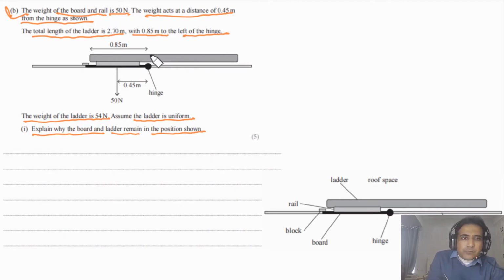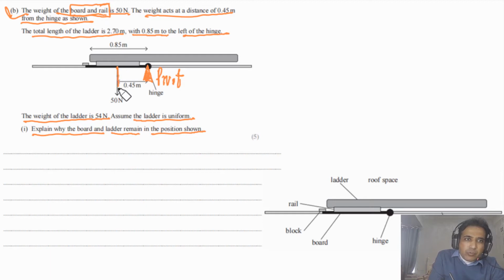So for this question, we need to understand hinge is here. So this is the hinge, this is our pivot point. In simple language, we can say this is the pivot. So there is moment due to this 50 newton force, and the 50 newton force is the weight of the board and the rail.